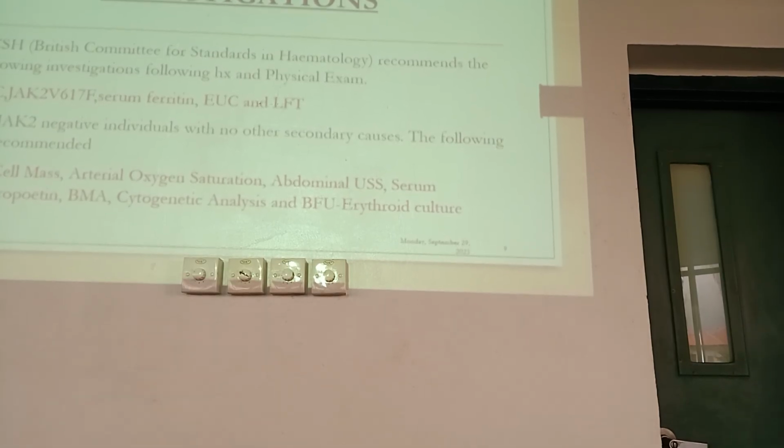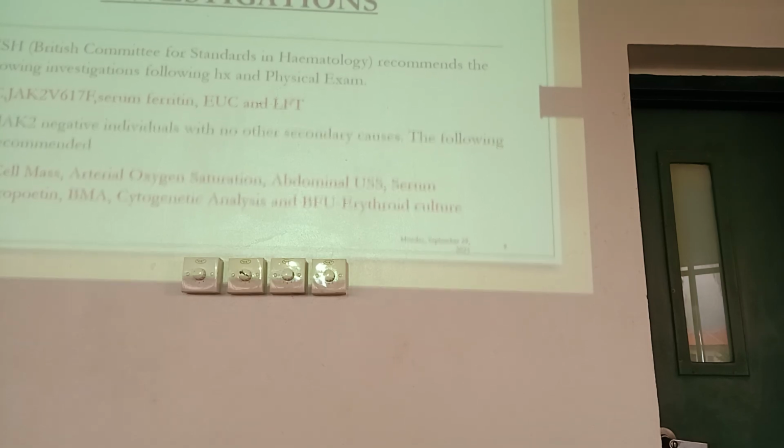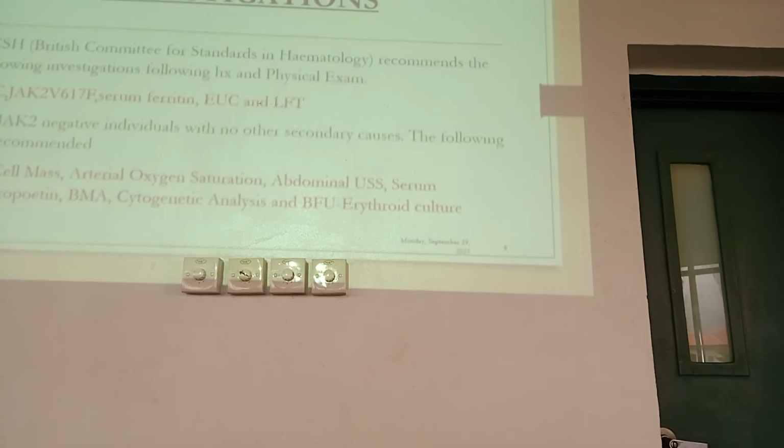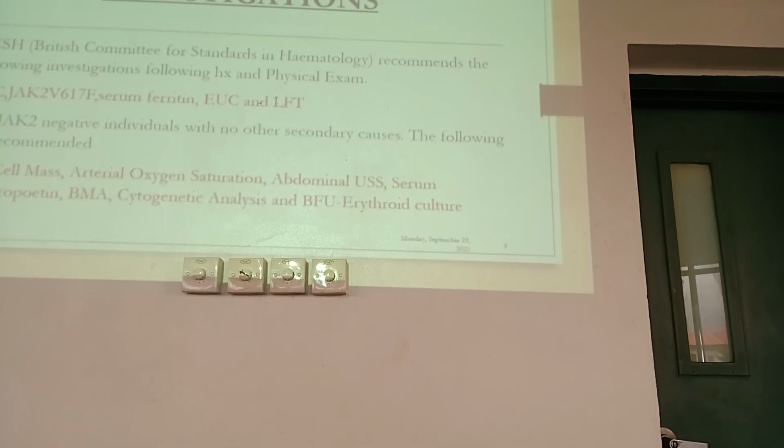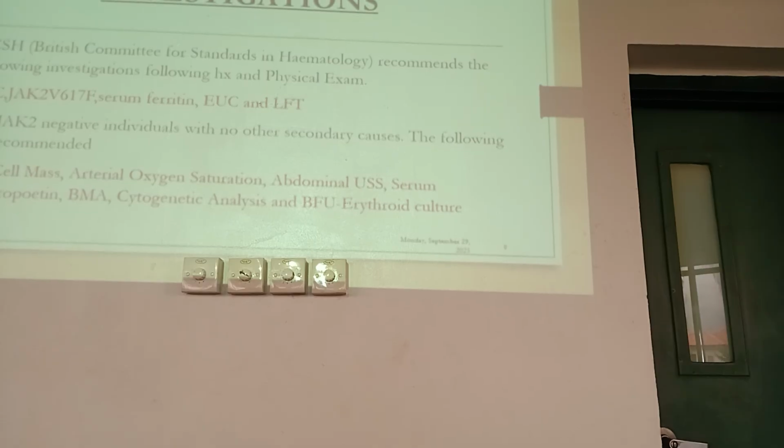So if you want to make a diagnosis, 1 and 2 must be there. That's red cell mass greater than 35 mils per kilo in male and 32 mils per kilo in female, and the arterial oxygen saturation greater than 92%. Then if you have that, if there is no splenomegaly, and you cannot demonstrate abnormal clone, then you have to rely on your minor.